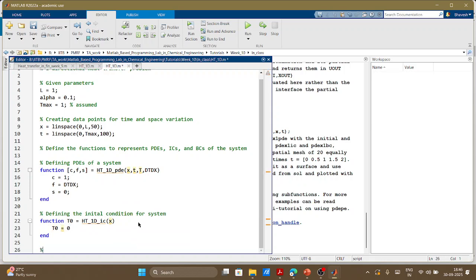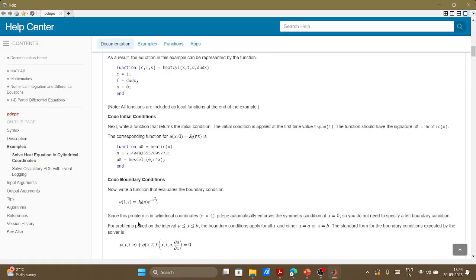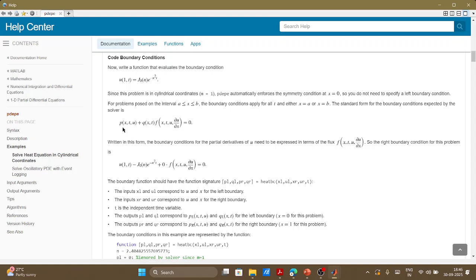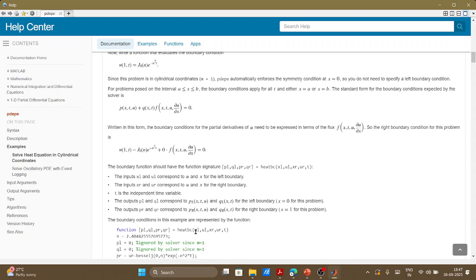Then defining the boundary conditions for the system. For the boundary conditions you have to follow this equation and provide pL, qL, pR, qR, which is a function of your xL, uL, xR, uR and time.